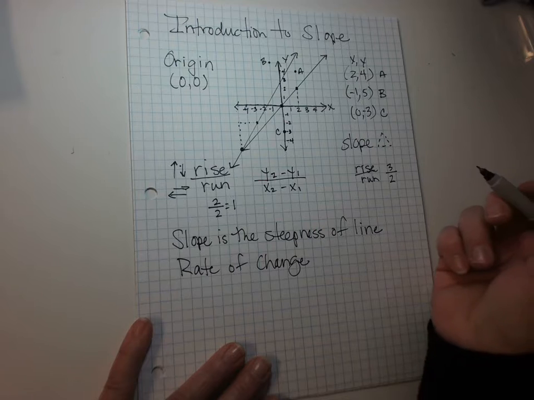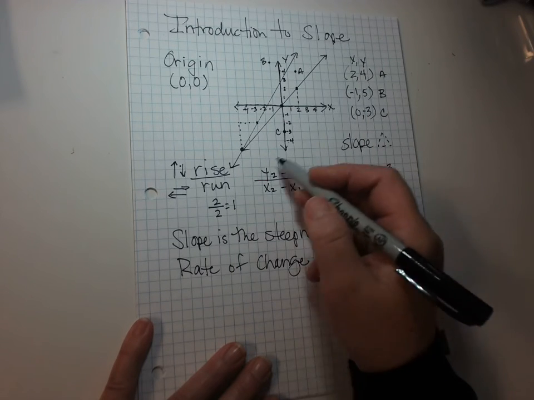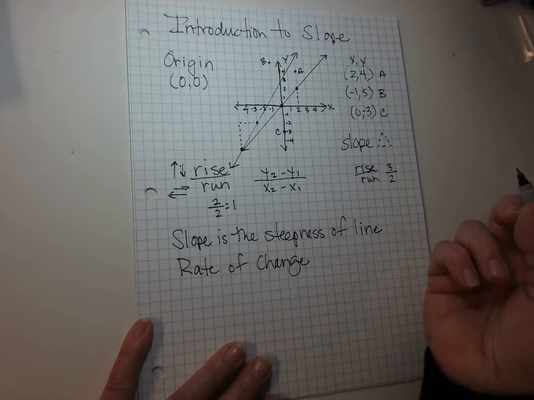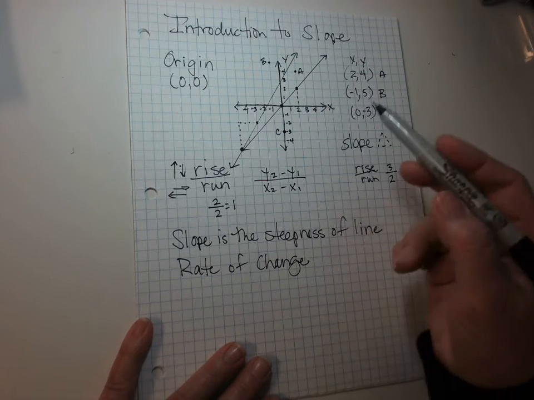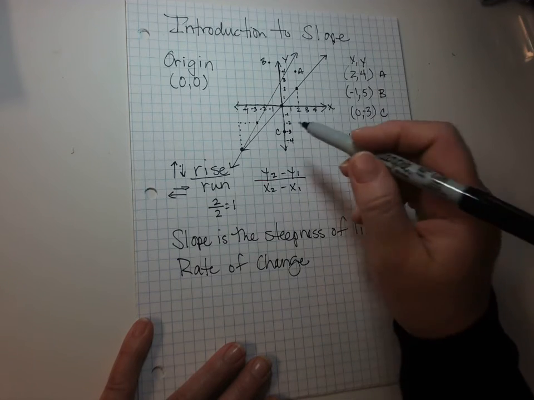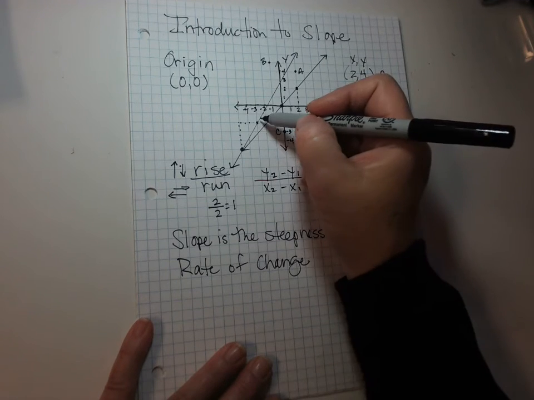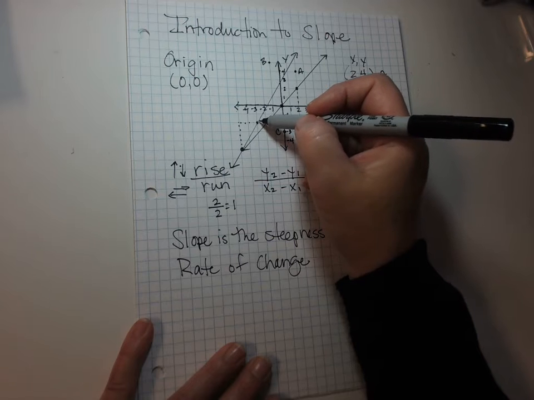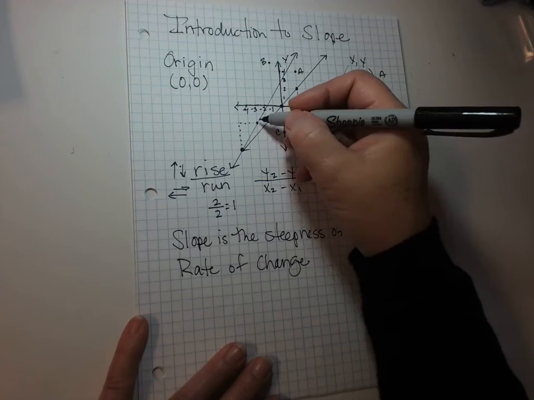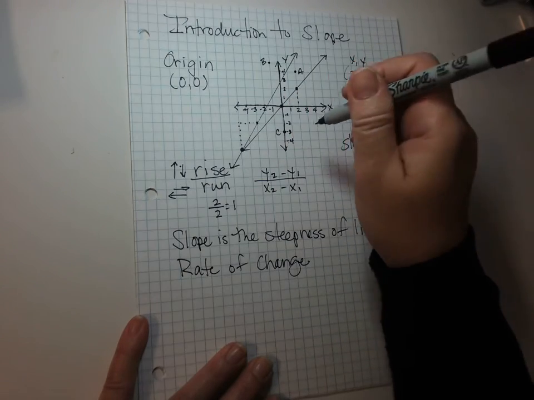So let's try with the formula of y2 minus y1. In order to do that, I'm going to go back to those dots that we put on that line, where it crosses perfectly in those corners.